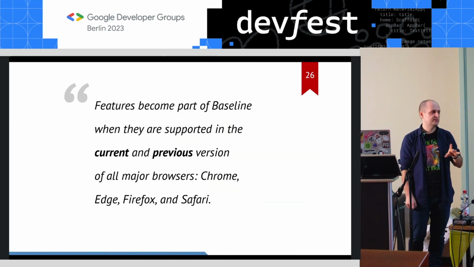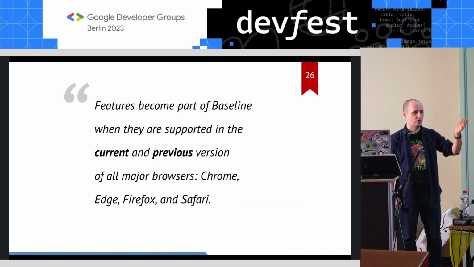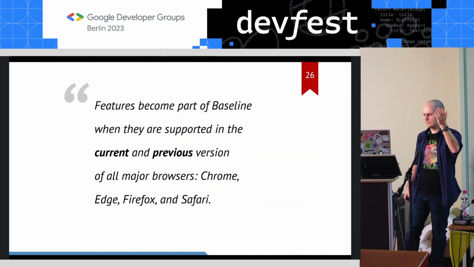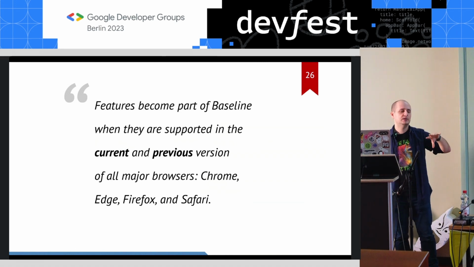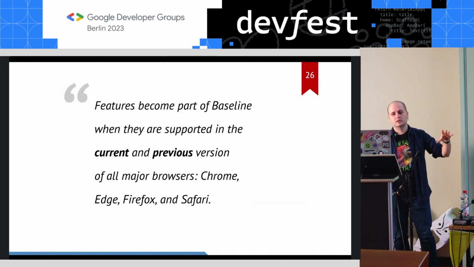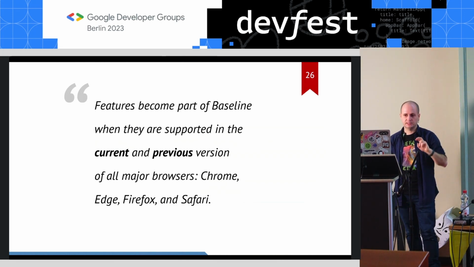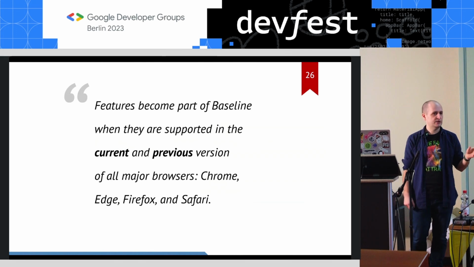Chrome, Edge, Firefox, and Safari are not the only browsers available on the web. Of course, there are Opera, Vivaldi, Brave, some others, but they tend to use browser engines already listed in this core browsers list. You might ask why both Chrome and Edge are on this list.